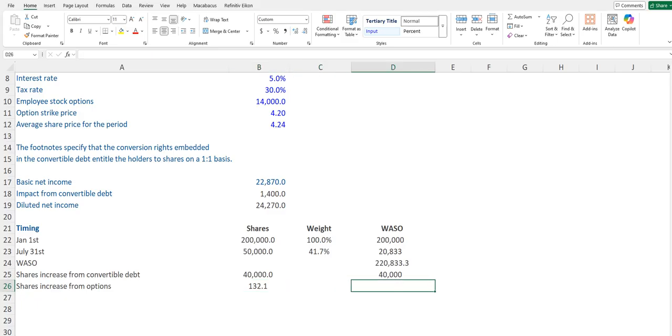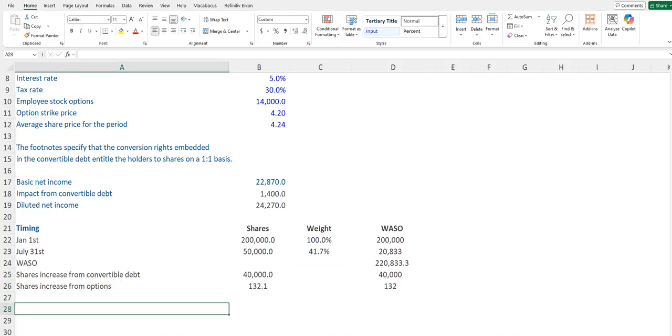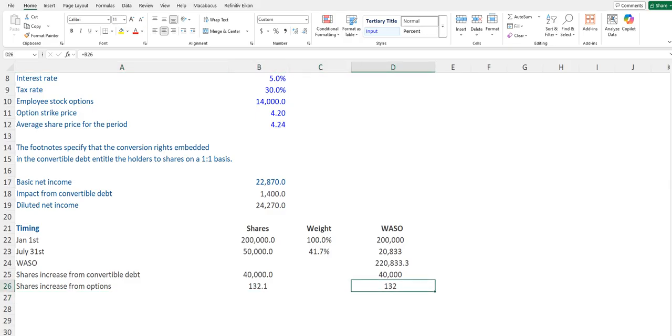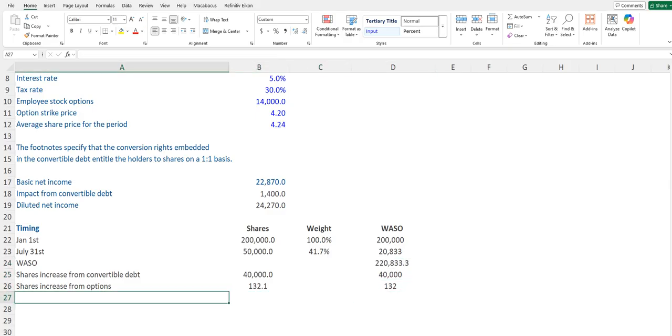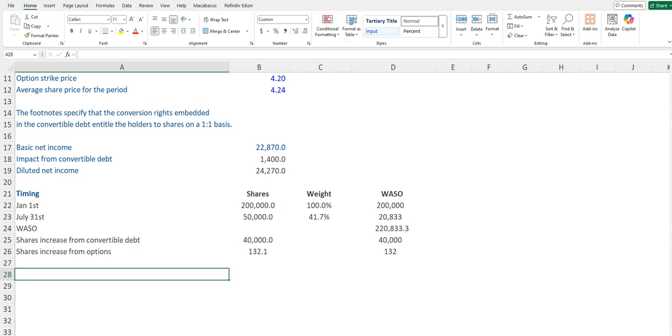For the weighting here, you can just type 1, or you don't have to do it. It's okay. Now that's the diluted shares if we sum up these three numbers. But let's calculate the basic earnings per share first.